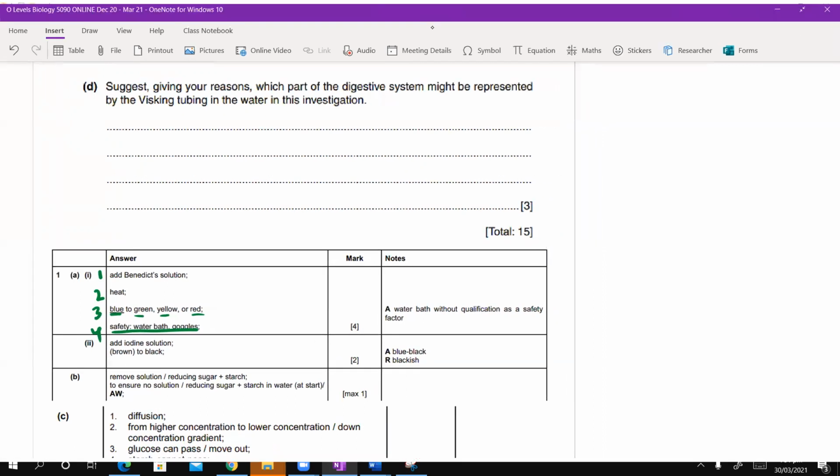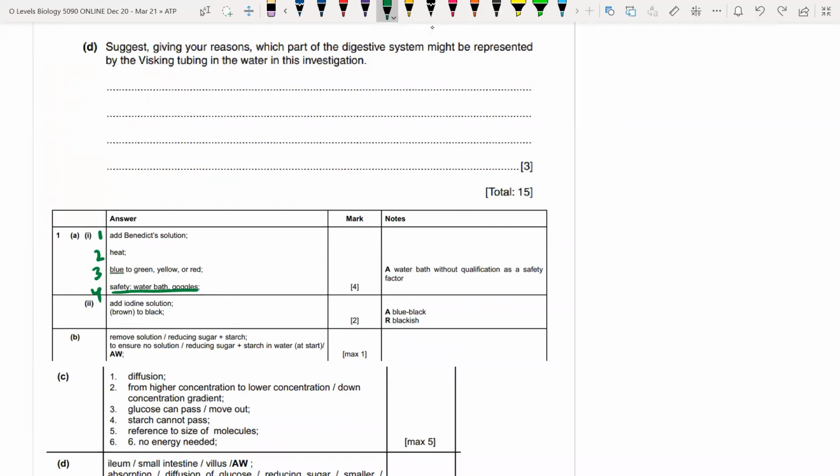Now there's one thing I want you to notice in the marking scheme, and that is in the third point, he has underlined the blue color. What that means is, and this is a very important principle from the exam perspective for food tests, that whenever you have to describe the color change, and not just the final color. ठीक है? अगर मैं खाली red लिख दूं, खाली yellow लिख दूं, खाली green लिख दूं, that will be unacceptable.